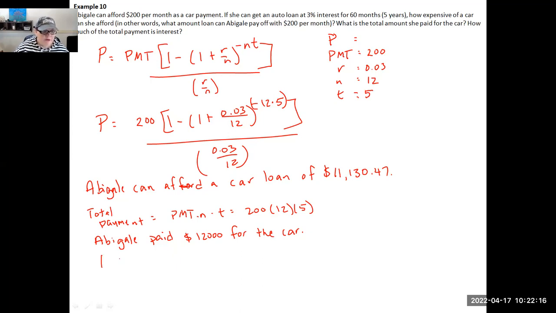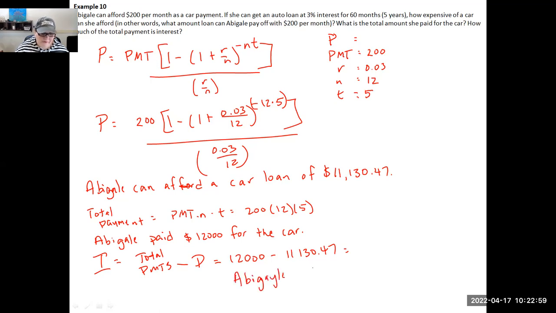Interest for a loan is equal to the total payments minus P. So for us, our total payments were 12 grand minus her loan, which was $11,130.47. So she paid $869.53 in interest.